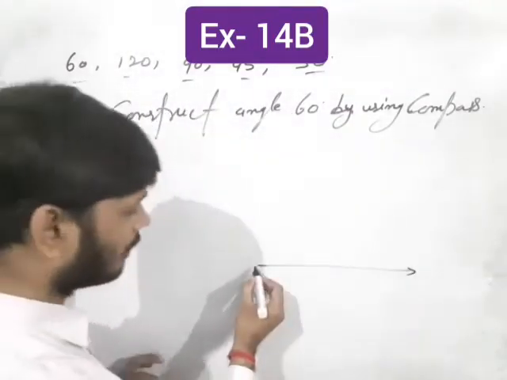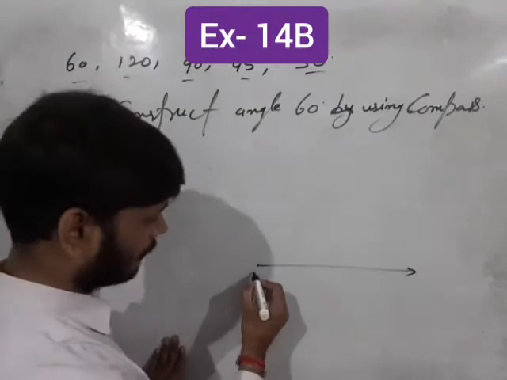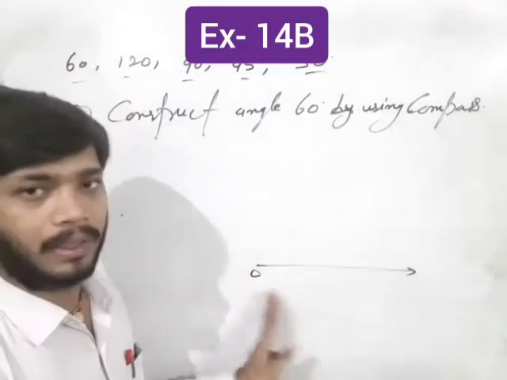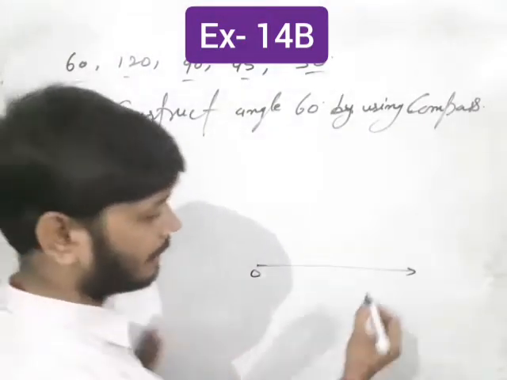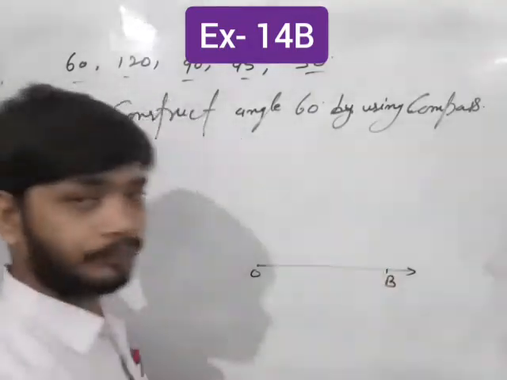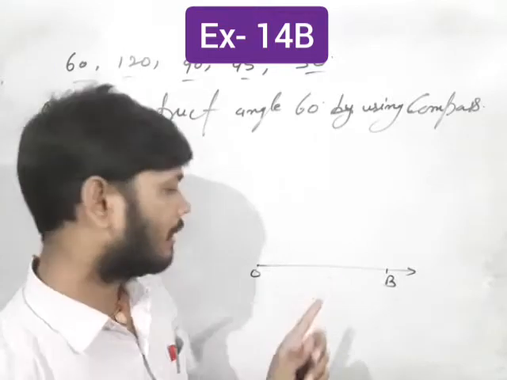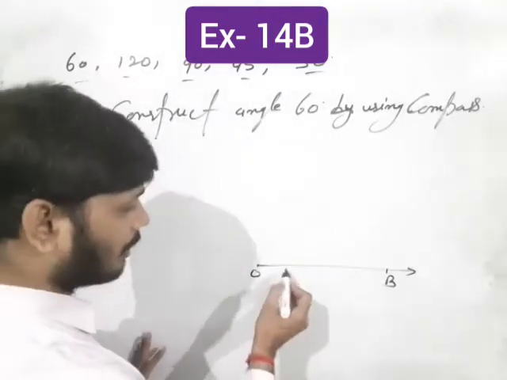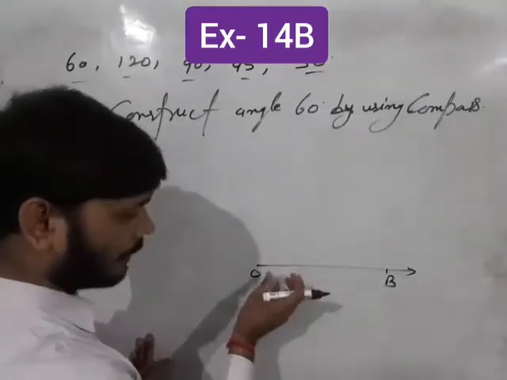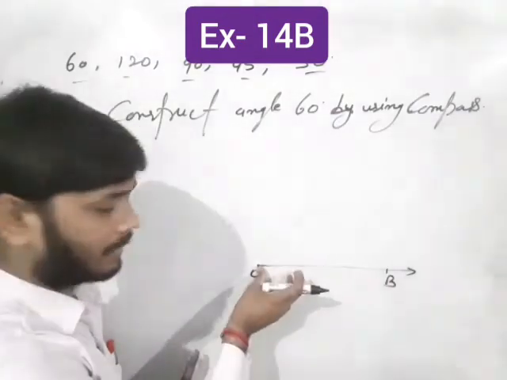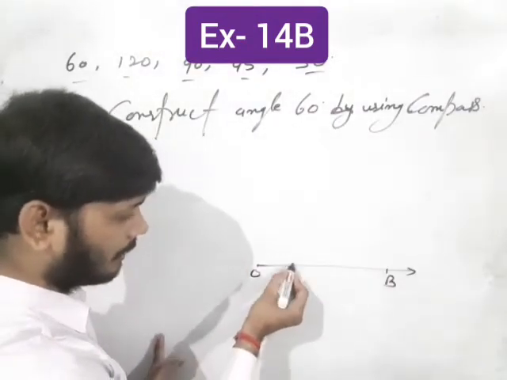Here O is the end point, and here OB. Now, first of all draw an arc of any radius with O as center.